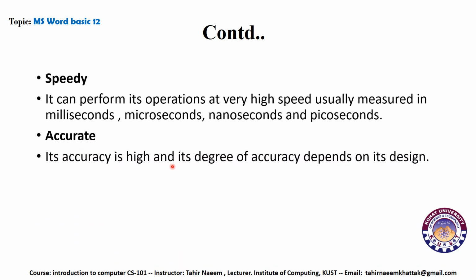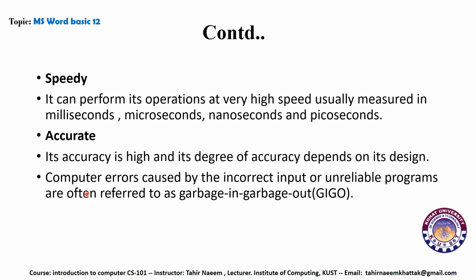The accuracy is high and its degree of accuracy depends on its design. Normally computer error is a result of entering data wrongly, like incorrect input or unreliable programs. These are the main causes of error, and it has a specific term, garbage in garbage out, GIGO.